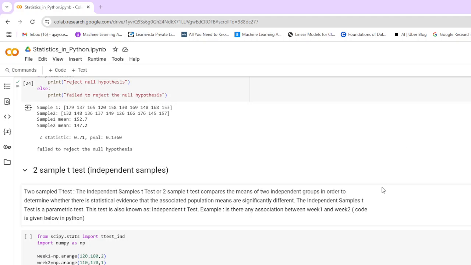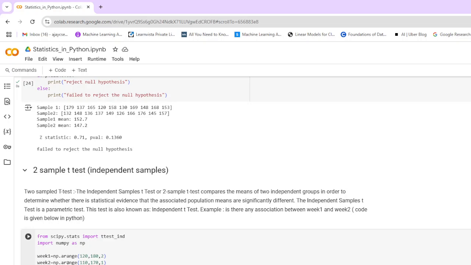In the tests that compare groups, as in this one, they also consider homogeneity of variance. So here let us consider that we have some details about week 1 and week 2 and we want to check if these two samples are related. The function that we use here is t-test ind. So here I pass the data and I want to check if these two are related or not.